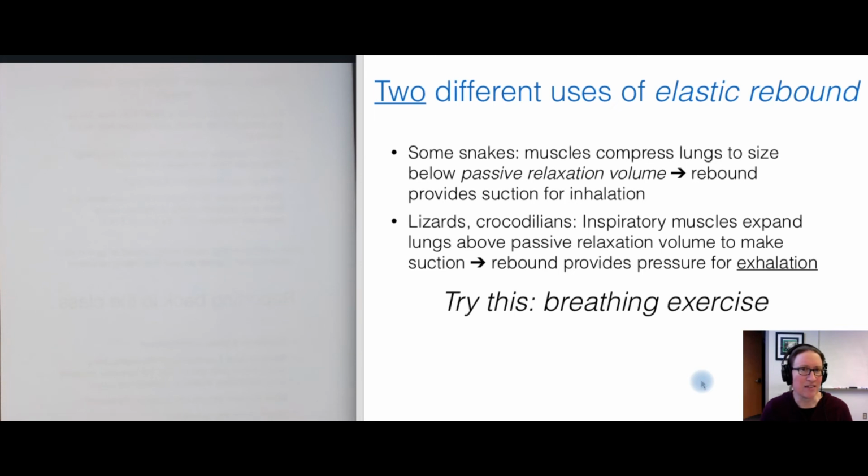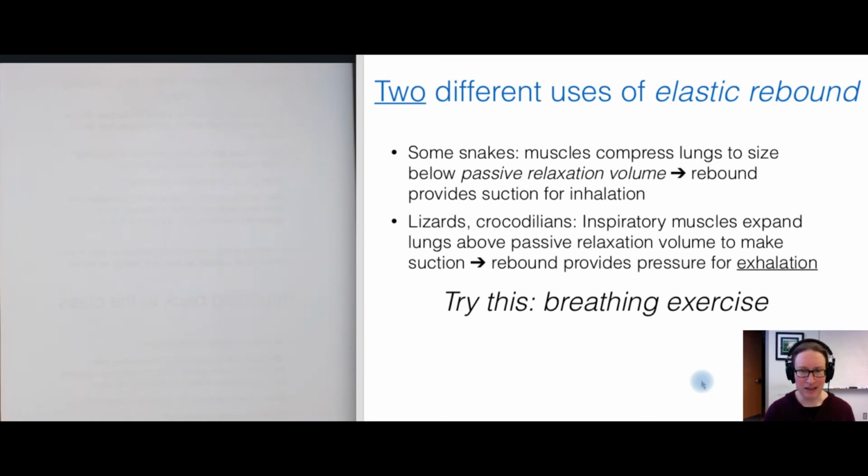I think it's easiest to remember this if we just do a simple breathing exercise to practice it. It's difficult for me to demonstrate this while talking about it, but if you're breathing in and out, there'll be a point where you're comfortable, relaxed, somewhere between inhalation and exhalation. That's going to reflect your passive relaxation volume.